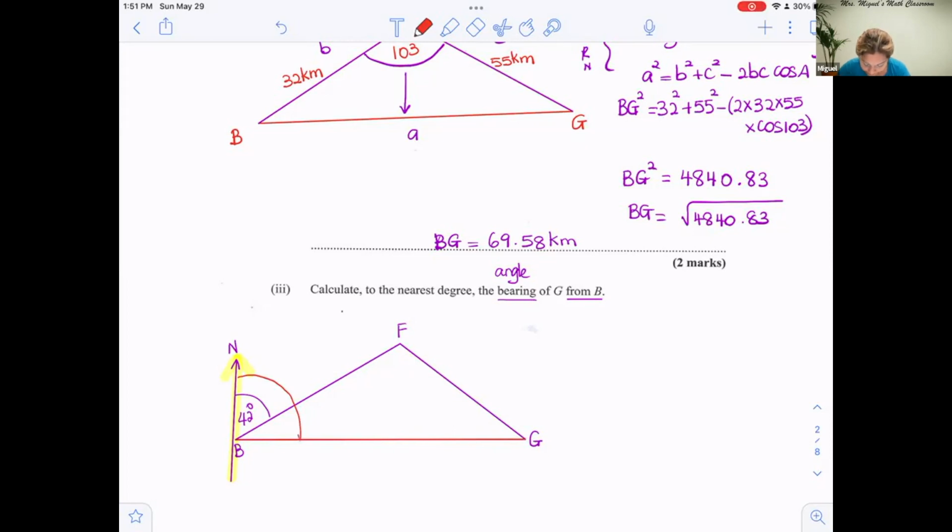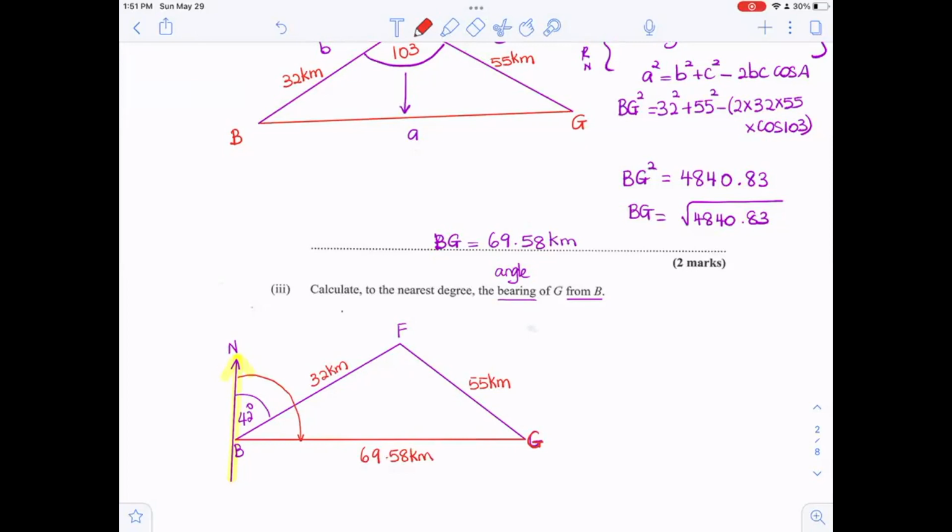This is the measure I want because this is the point G. Do you all understand that? Yes, miss.